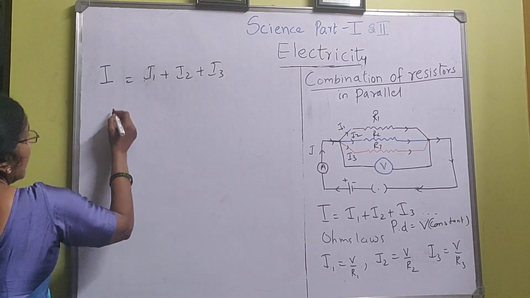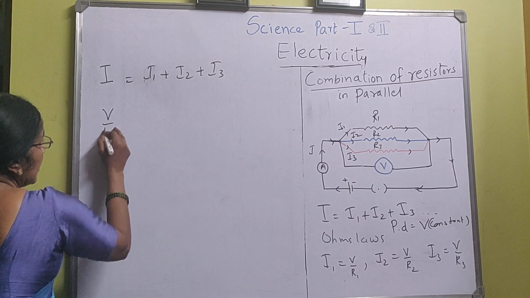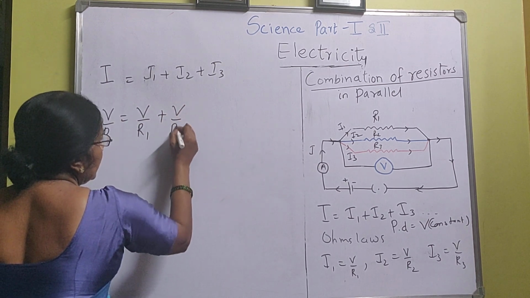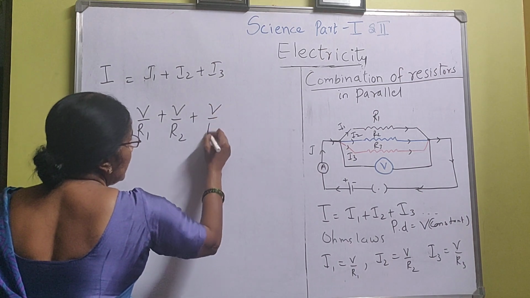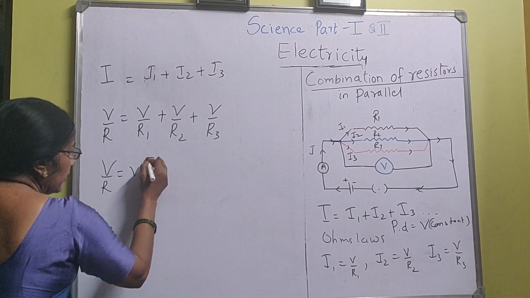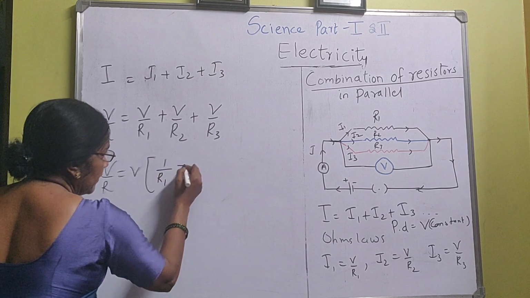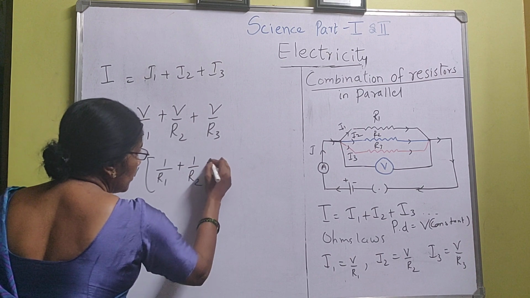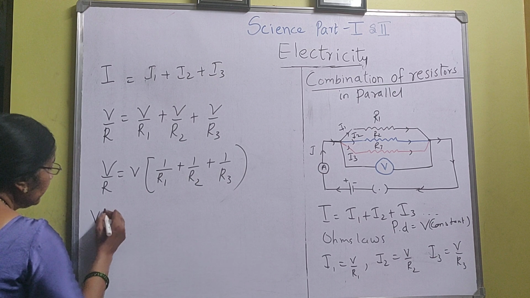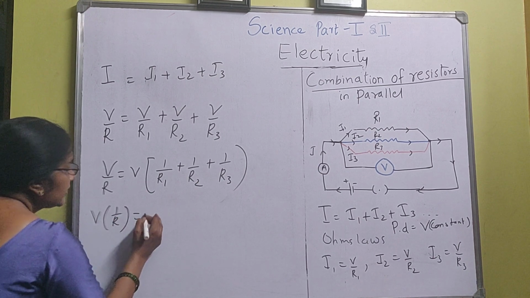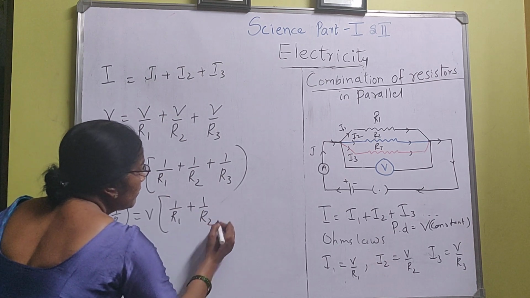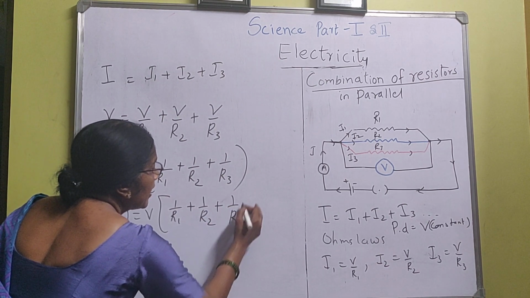So we can write it as V by R is equal to V by R1 plus V by R2 plus V by R3. Taking out V common, we get V into 1 by R1 plus 1 by R2 plus 1 by R3. So 1 by R is equal to V into 1 by R1 plus 1 by R2 plus 1 by R3.